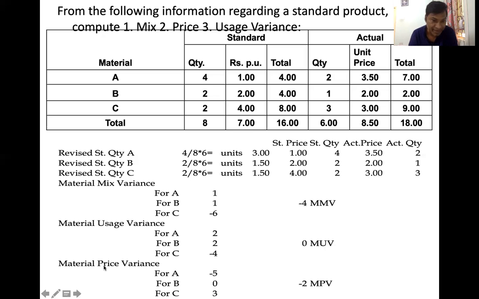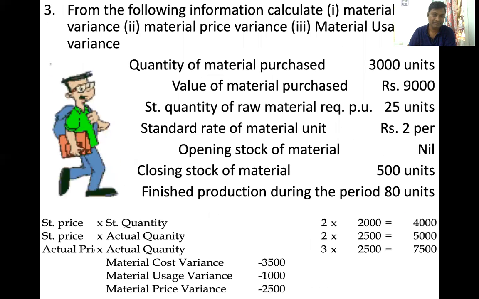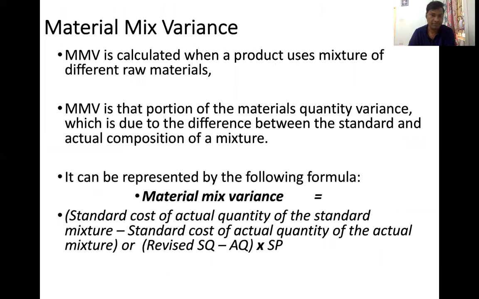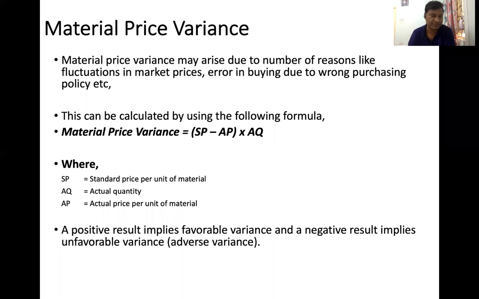The variance is in price. That means you have to take standard price minus actual price, multiplied with actual quantity.